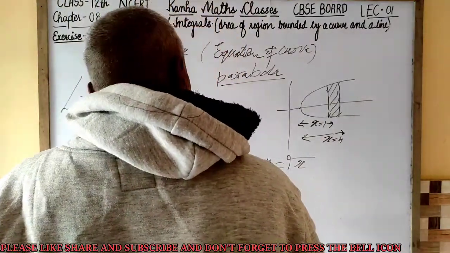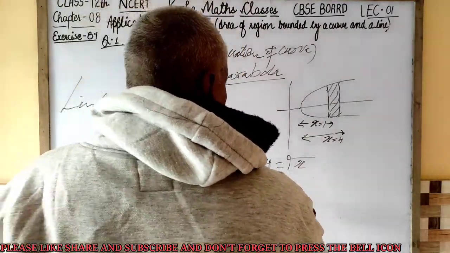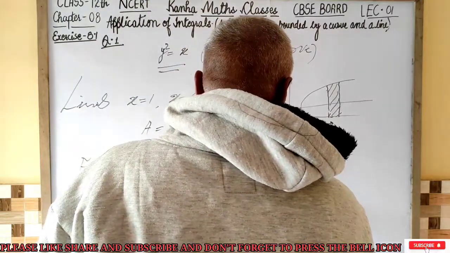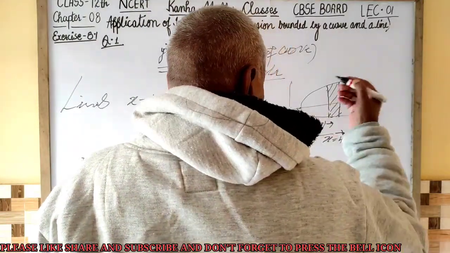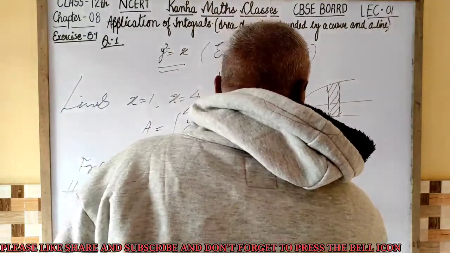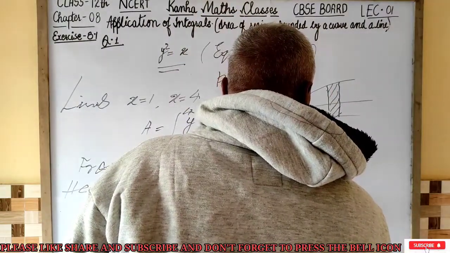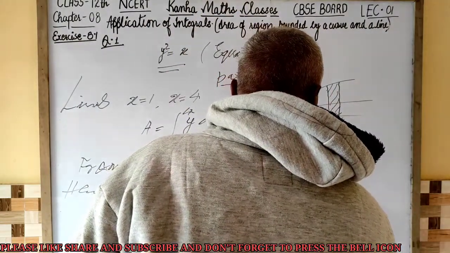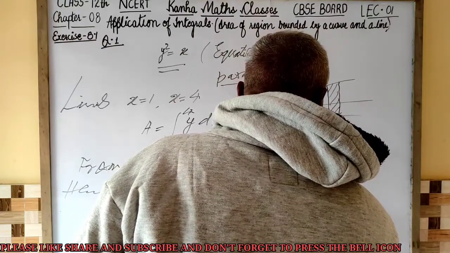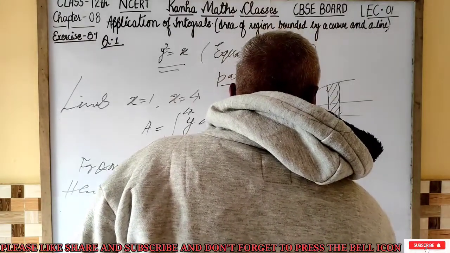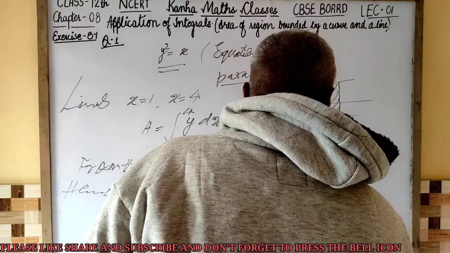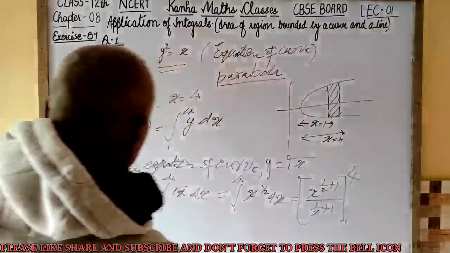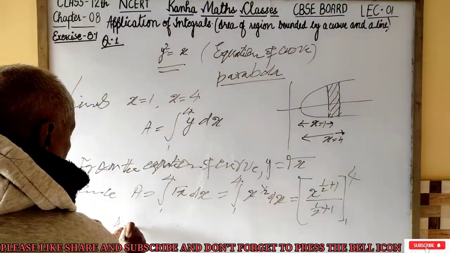By the fundamental principle of integration, the integral of x to the n is x to the n plus 1 upon n plus 1, so here x to the power 1 by 2 plus 1 upon 1 by 2 plus 1, from 1 to 4.